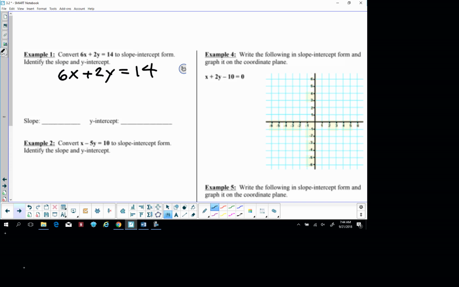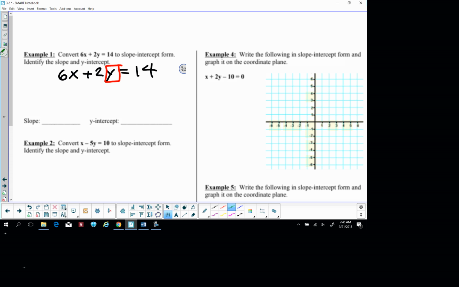Right? So we're always moving it around. Remember, literal equations, just like Ms. Thompson said, we're always moving things around to get y by itself. And so that's why we harped on literal equations so much, because you're going to be doing them for a long time. So first I need to get the 6x to the other side.